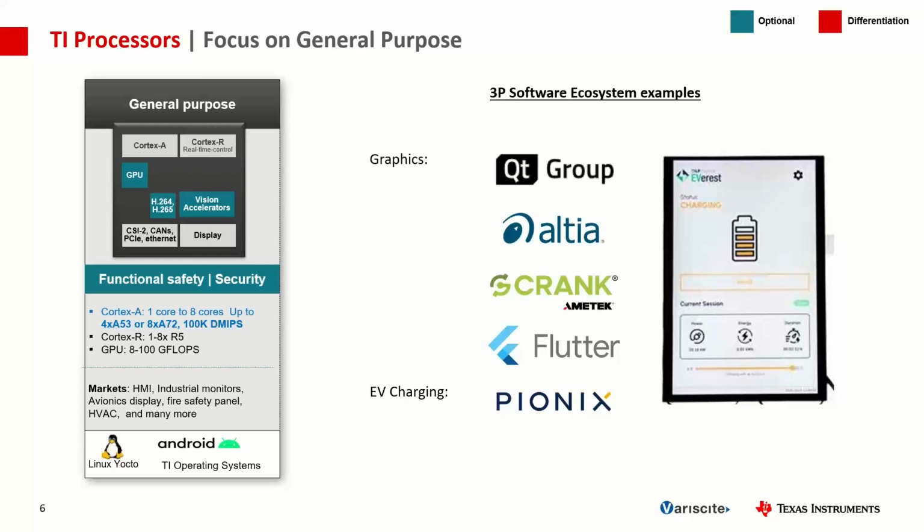So Qt, Altia, Crank, and Flutter are all examples of user interface or graphics that you can add on top of the base SDK. I think we'll talk in more detail about Qt and Flutter. And then we do have some application-specific software ecosystem partners, Pionix being the one that comes to mind, where we have an EV charging demo.